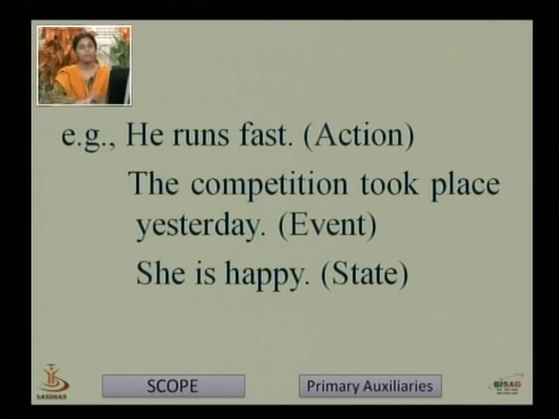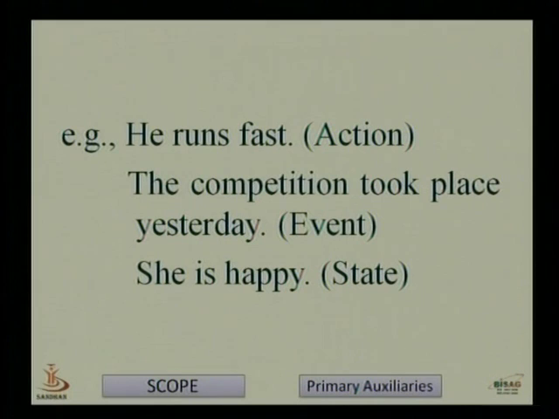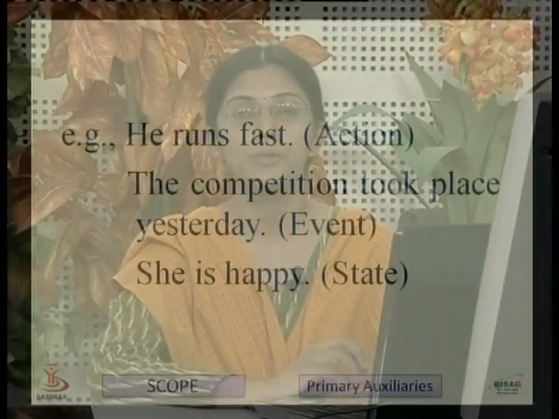We can have many more such sentences. For example, she is clever. He is smart. All these sentences show a state of being. So, in these three sentences, the words run, took and is are the verbs. They are action verbs or main verbs.